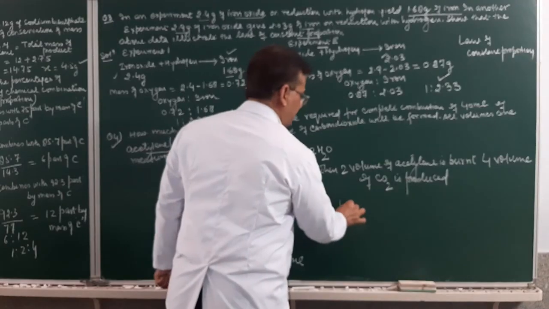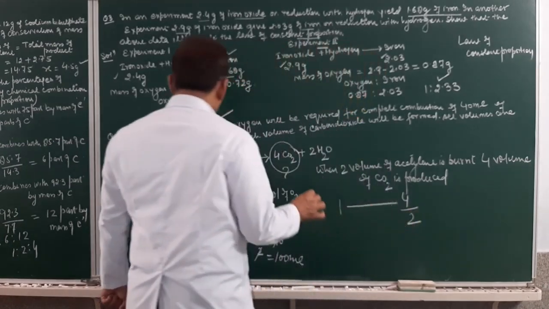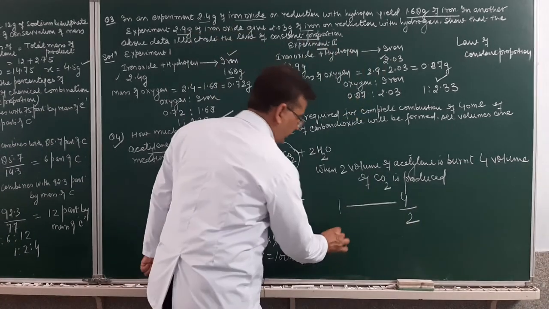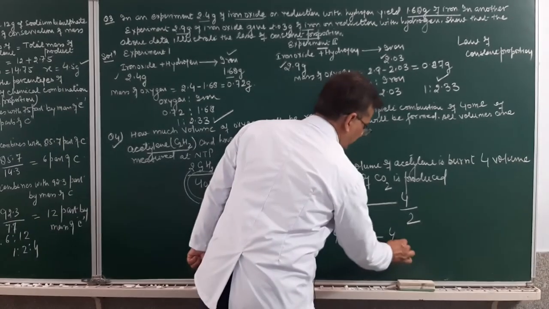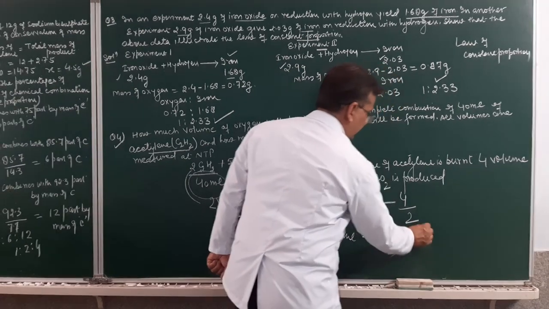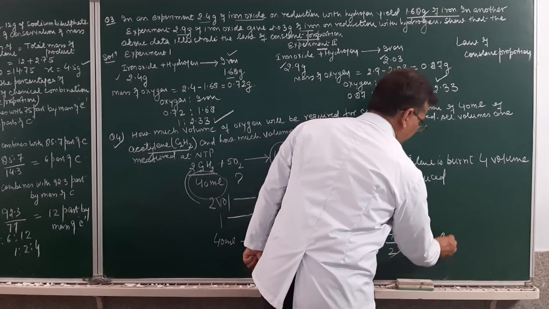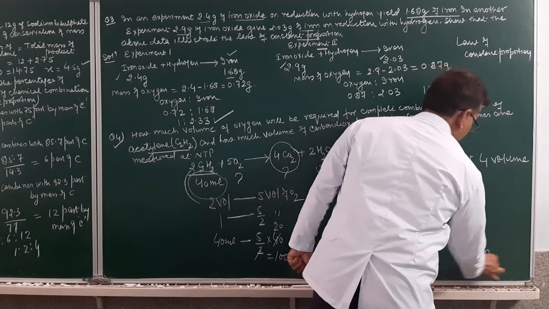If 1 is burned, it will be 4/2. And if 40 ml is burned, what volume will be produced? 4/2 into 40. Answer will be 80 ml. So it will produce 80 ml of carbon dioxide.